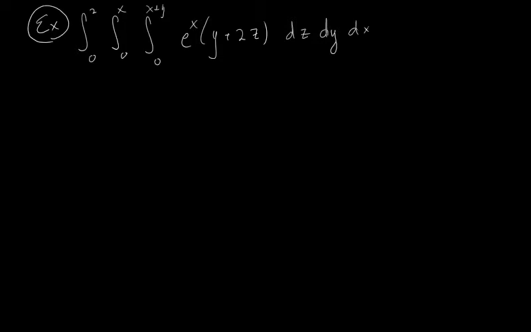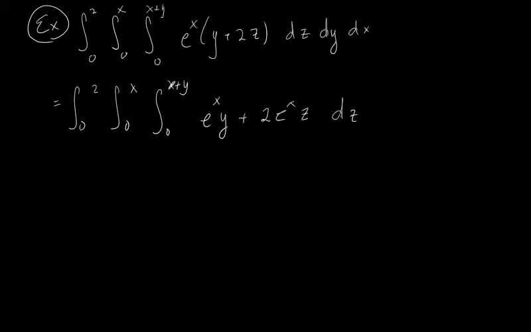Just to make this a little bit easier to look at, I'm going to distribute the e to the x so we can see each individual term. So that's e to the xy plus 2 times e to the x times z, integrating with respect to z, then y, then x.